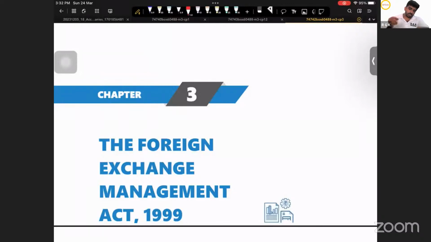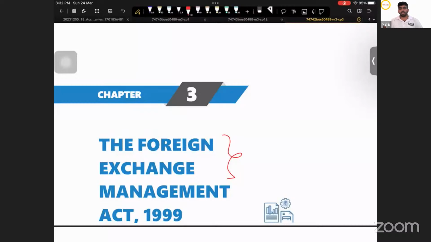So this is all about foreign exchange. This deals with foreign exchange transactions, using foreign exchange for various transactions, certain transactions which are permissible, certain transactions which are not permissible, and all other such things are discussed in this particular chapter.